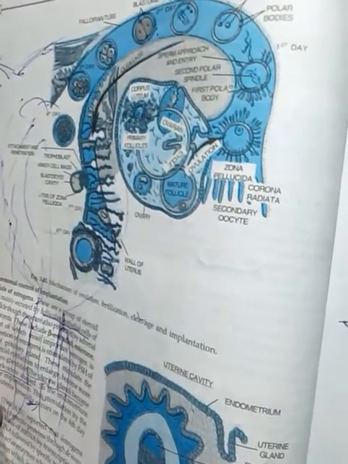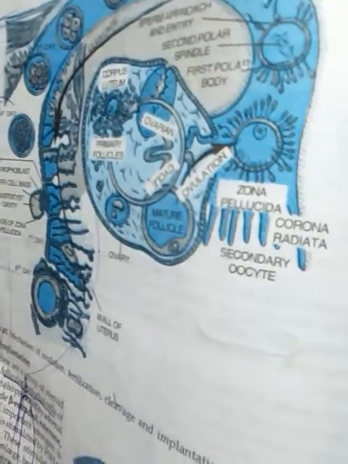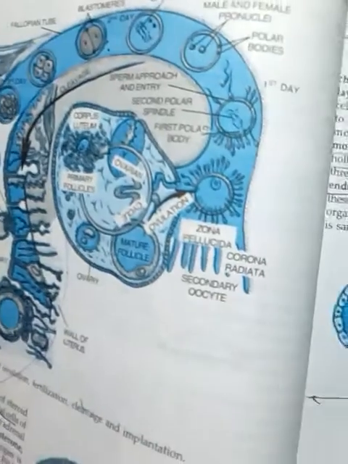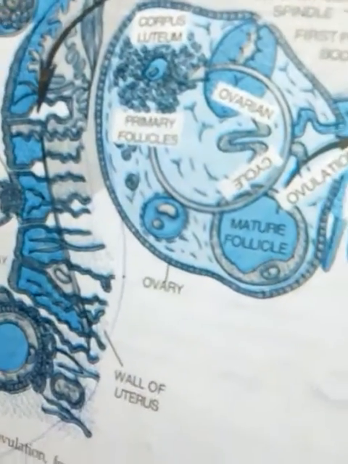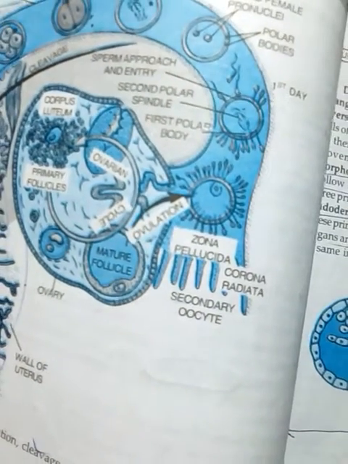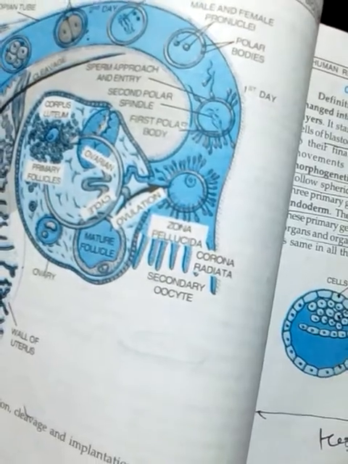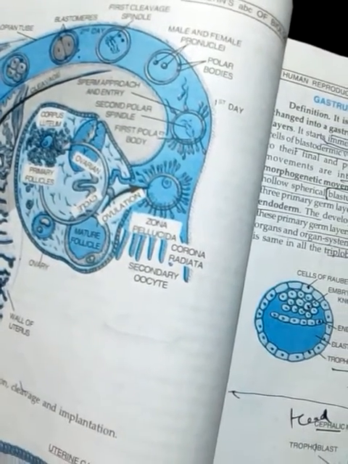As you know, the ovary produces the egg by oogenesis, and from the ovary the egg is absorbed and received by the ampulla of the fallopian tube.